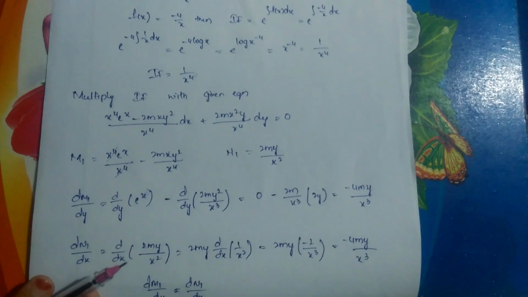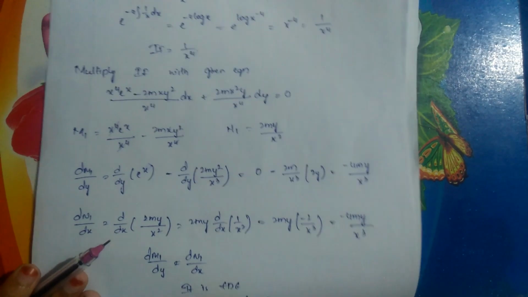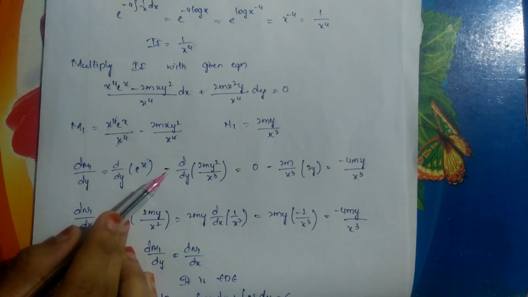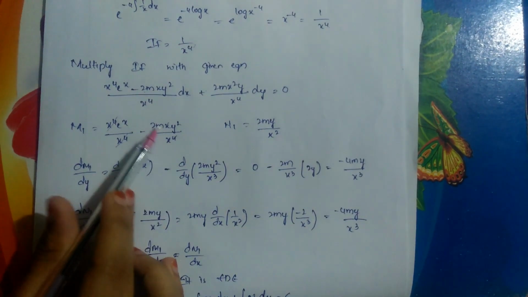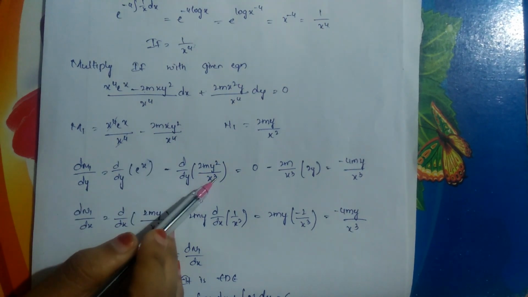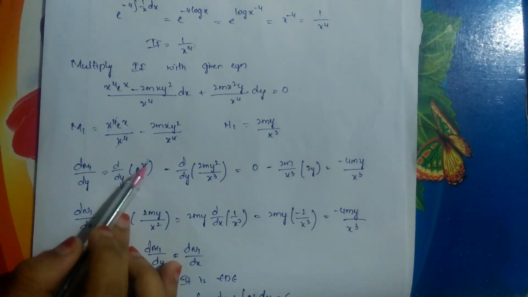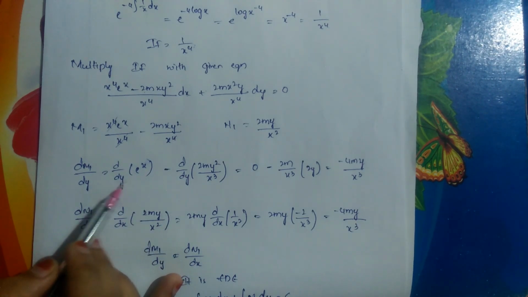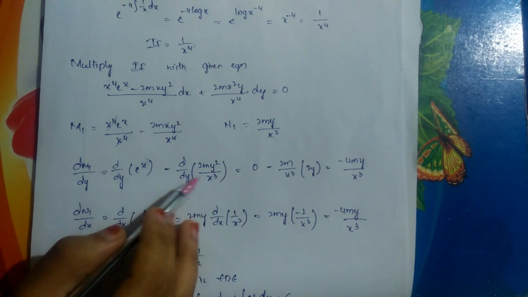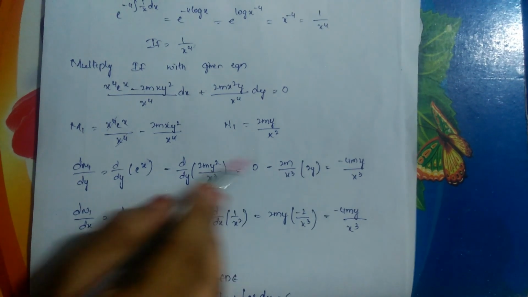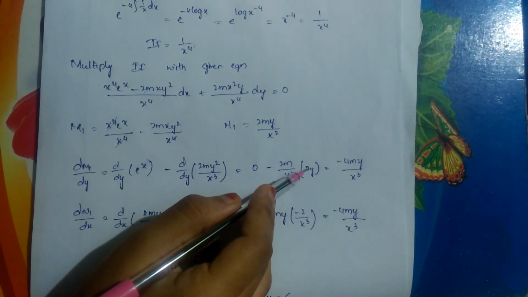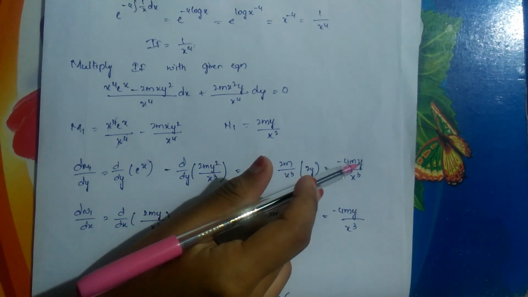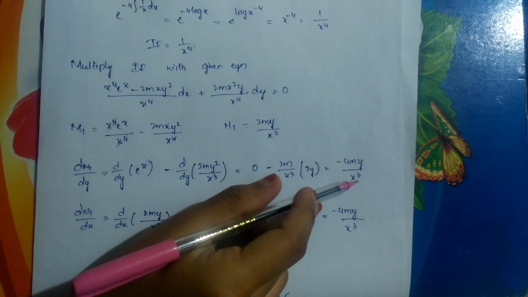So now differentiate again. ∂M1/∂y equals ∂/∂y of e power x minus ∂/∂y of 2my square by x cube. e power x differentiation is 0 since we are differentiating with respect to y. So minus 2m, 1 by x cube is constant and y square differentiation is 2y, so that equals minus 4my divided by x cube.